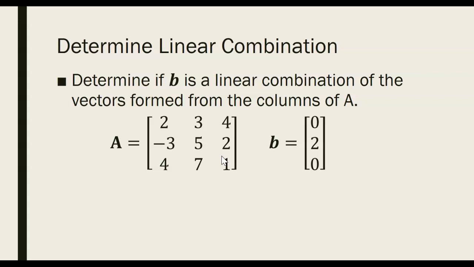Is B a linear combination of those three vectors? Or, identically, is B in the span of those three vectors? Go ahead and push pause and try to determine if B is in the span of those three vectors.